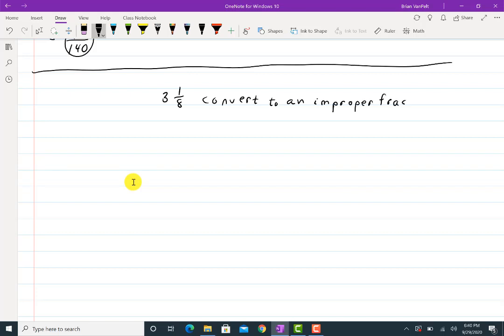You may or may not remember all the details, but you should probably remember it looked like this. 3 1/8 was equal to, now what happened is it's over 8, but the way it worked is you did 3 times 8, and then you added the 1.